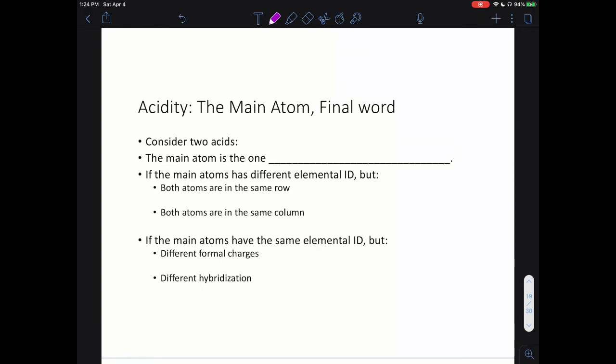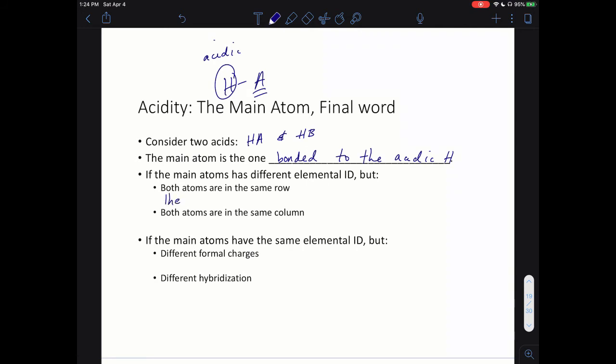So let's just pause and have our final word on the main atom, where once again, the main atom is the atom bonded to the acidic hydrogen. So consider two acids, HA and HB. The main atom is the one bonded to the acidic hydrogen. If the main atoms have different elemental identity, but both atoms are in the same row, what do we look at?